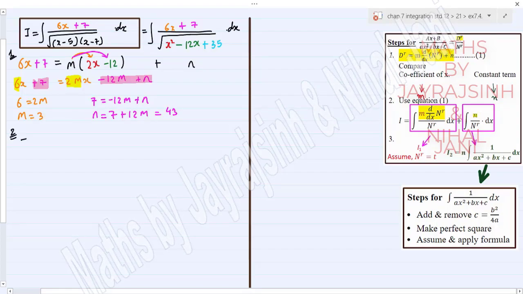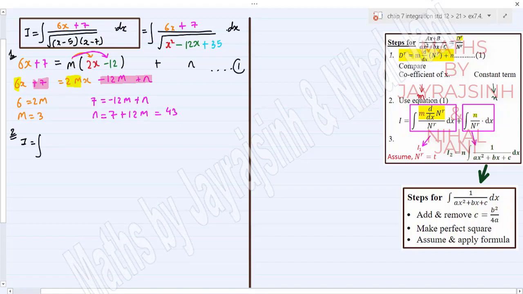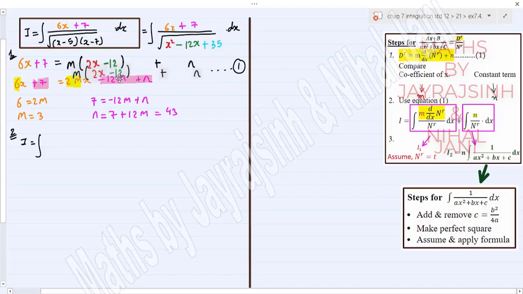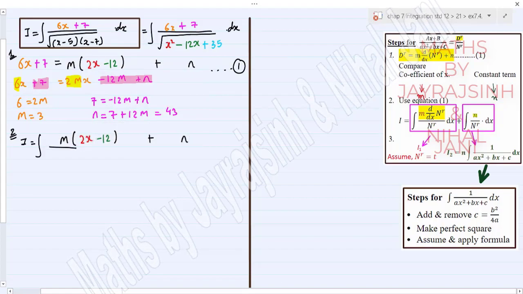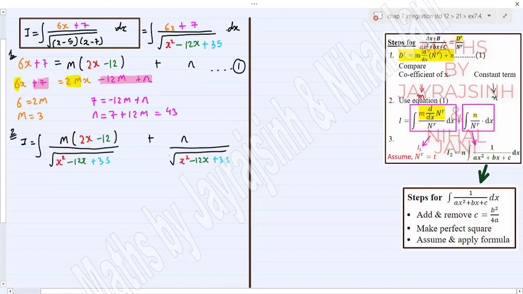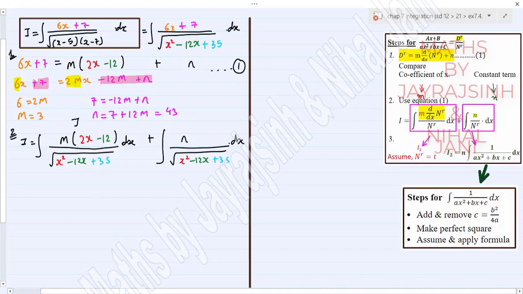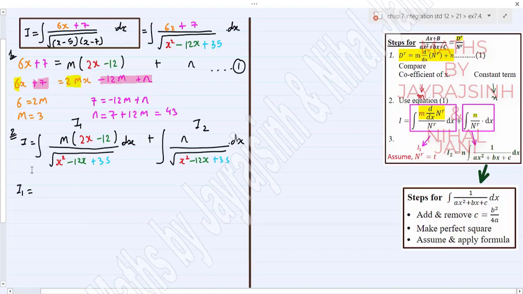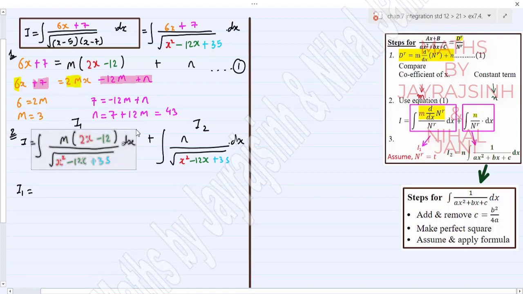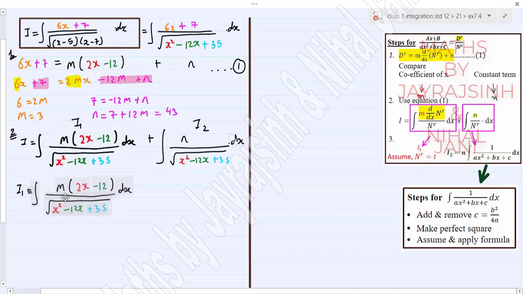Now in second step, we have to split our numerator using your first equation. So let's get our first equation and give individual denominator. Okay, now let's try to integrate separately. First term is I1 and second term is I2. So first of all, let's try to integrate I1.